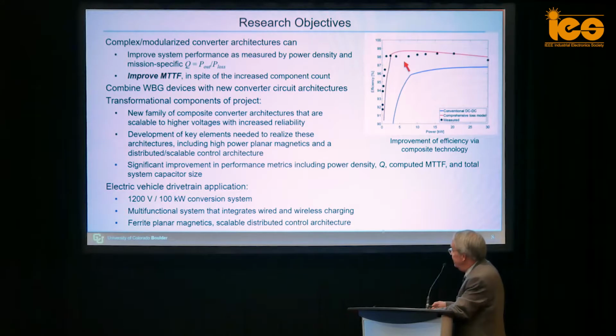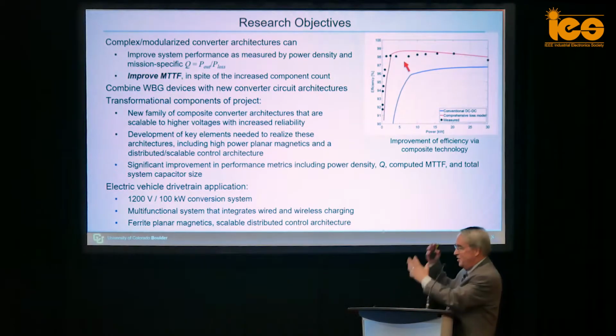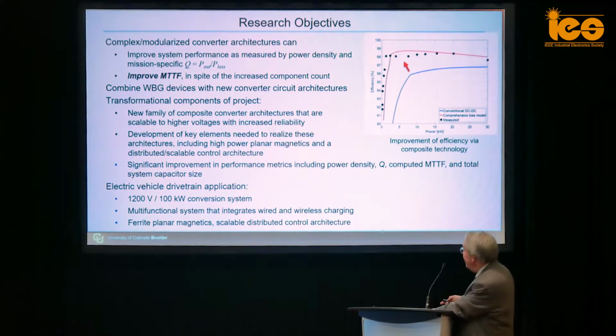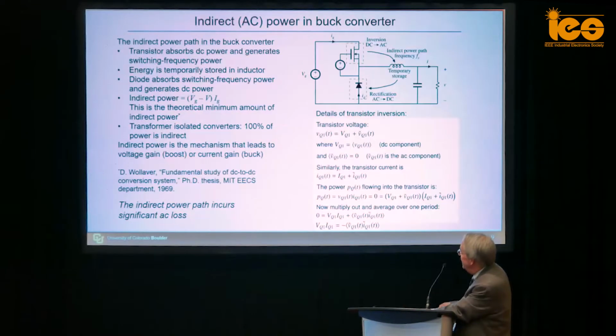So how do you connect converter modules together to do this? You can't just throw modules up and interconnect them in a random way. In fact, most ways of interconnecting modules don't work very well.